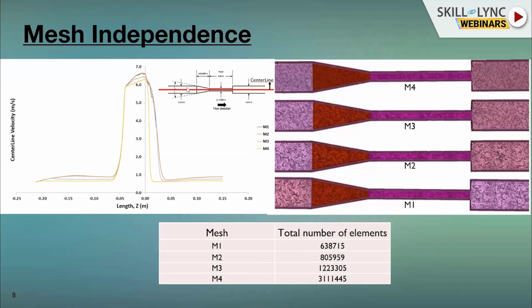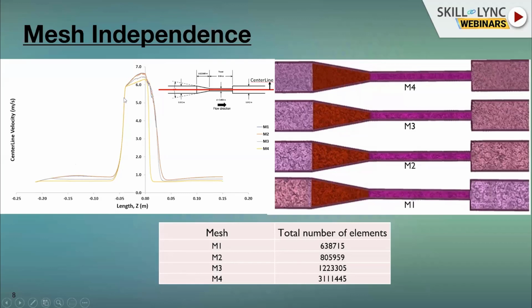As you see in this problem, there is a red line. This is the center line of this problem, and along this center line, the velocity is plotted, as you can see in the graph. There are four curves you can see, right? One is orange, blue, yellow, and another shade of blue.